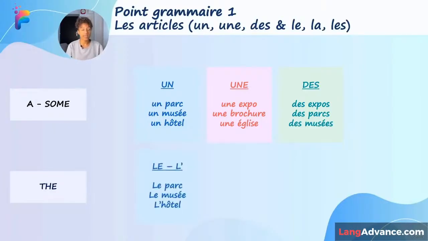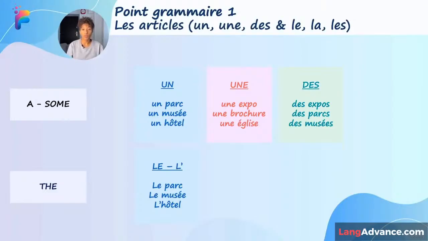The in English will go as follow in French. For a masculine noun, we will either use le or l'apostrophe. L'apostrophe, you use it in front of the noun when it starts with a vowel or an H. For example, le parc, le musée, l'hôtel.